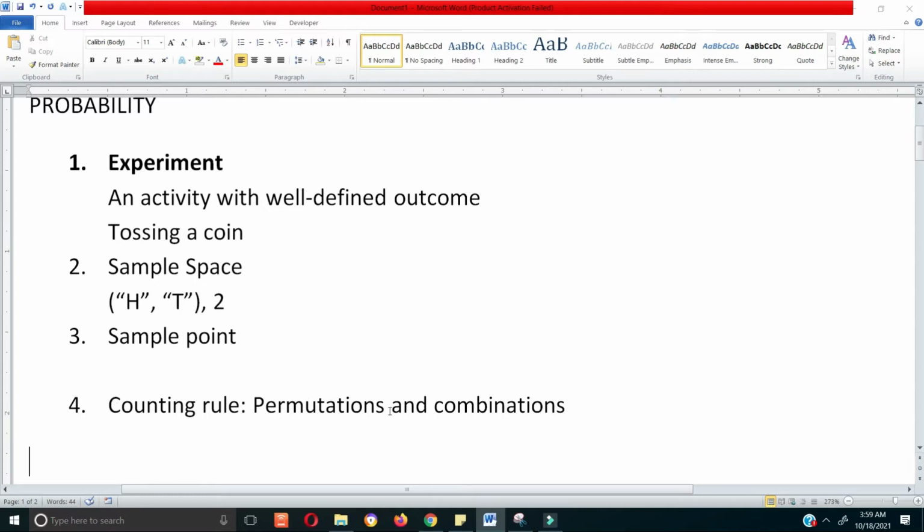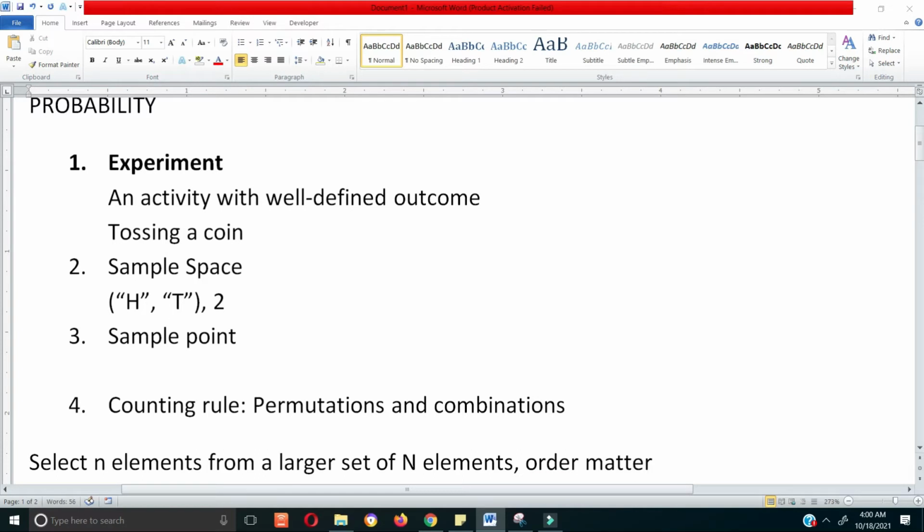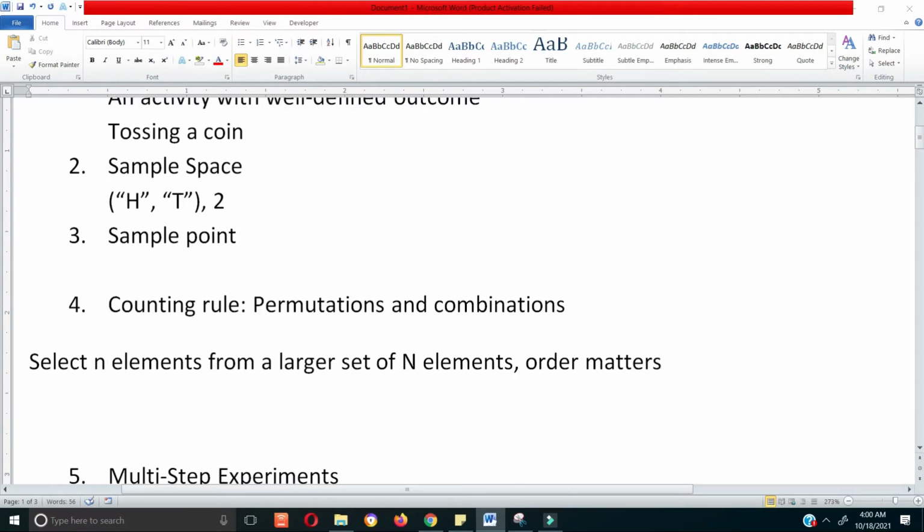So a permutation is simply a situation where you are selecting n elements from a larger set of N elements, and when you're doing a permutation, order matters.